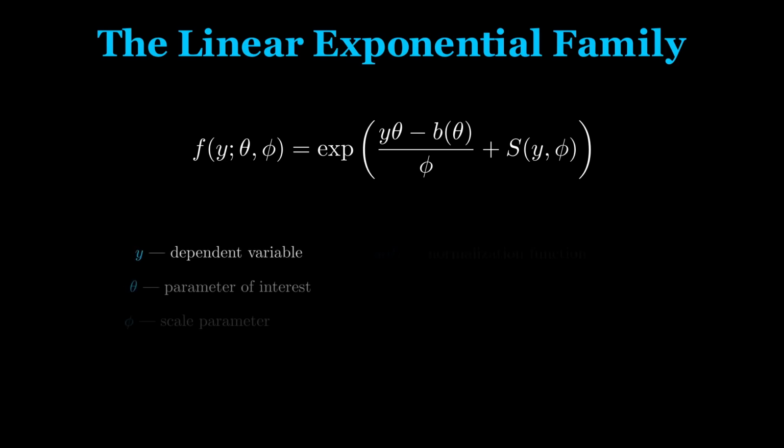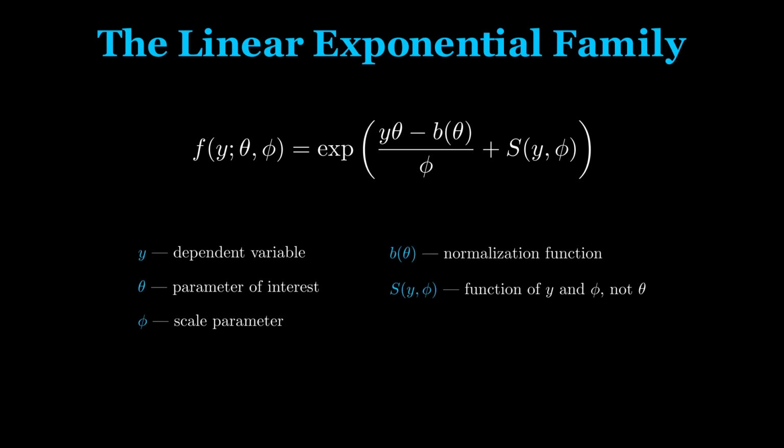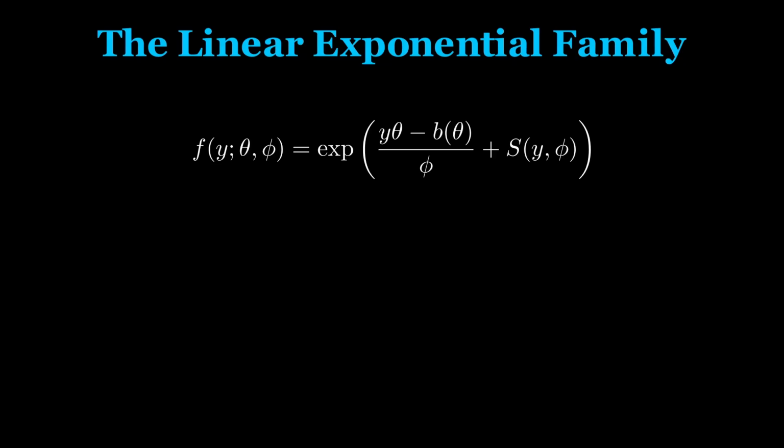In this formula, y is the dependent variable, theta is the parameter of interest, phi is the scale parameter, b of theta is a normalization function, and s is a function that depends on y and phi but not on theta. The PDF of common distributions, like the normal distribution, can be written in this form, which we'll demonstrate later in this video.